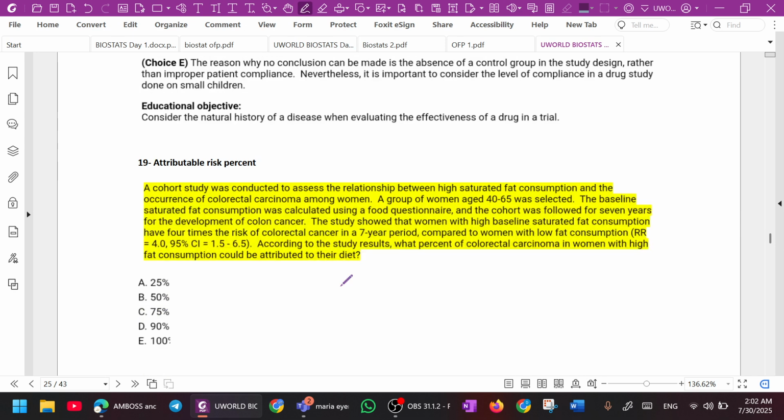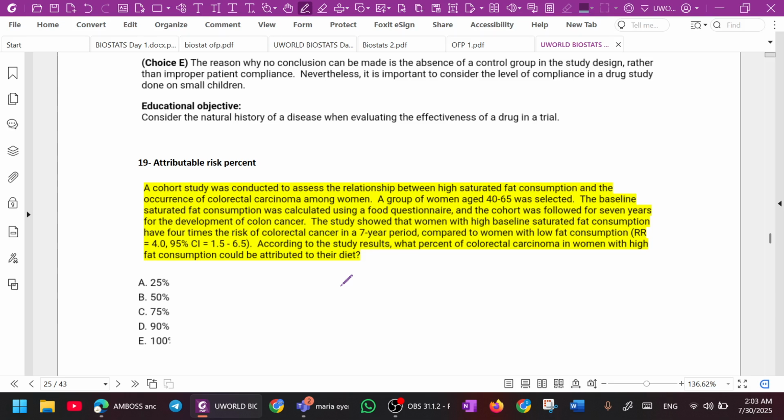Attributable risk percentage, ARP. A cohort study was conducted to assess the relationship between high saturated fat consumption and the occurrence of colorectal cancer among women.